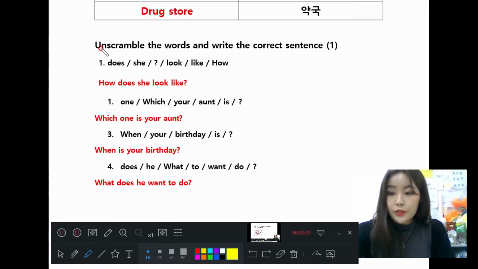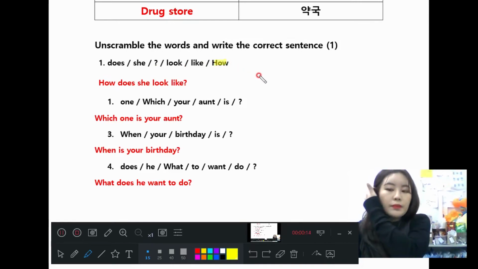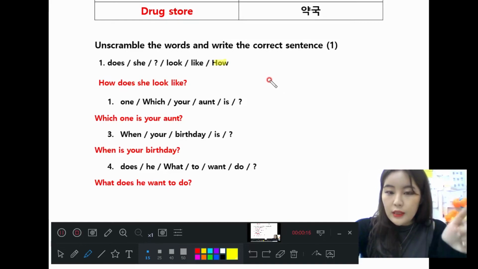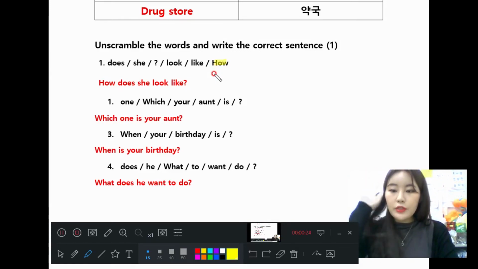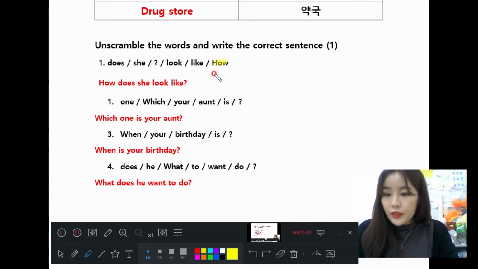Alright, this part. We have to unscramble, which means we have to rearrange those given vocabs to make a correct sentence, okay? So this how comes first. How can we know that this sentence starts with how easily? First of all, this is starting with a capital letter. I told you that we always have to use capitalization when we are writing the first letter of a sentence.